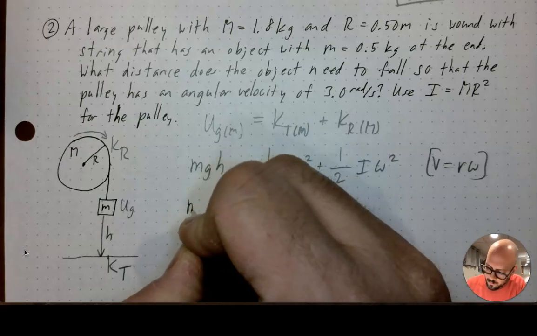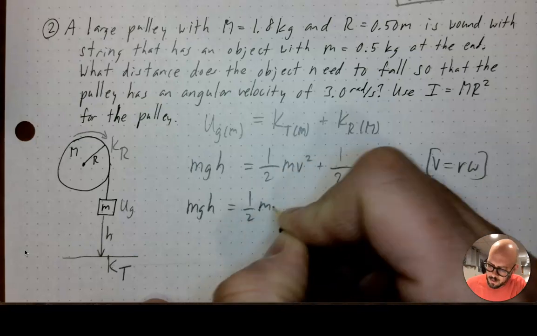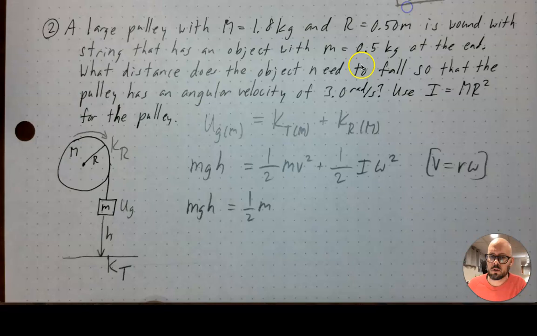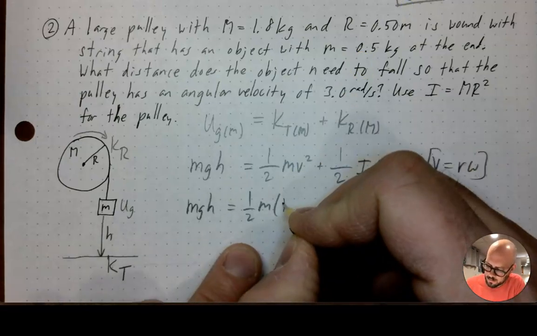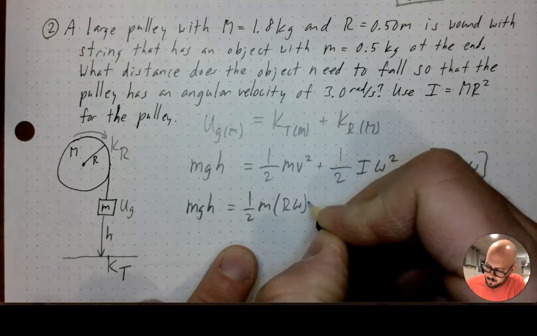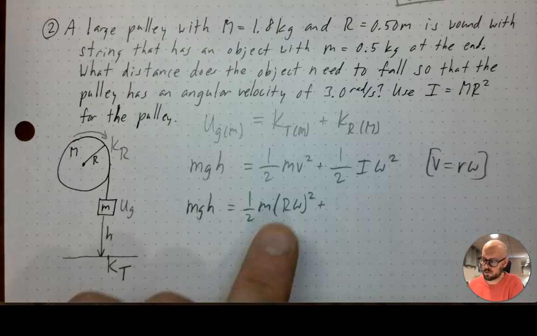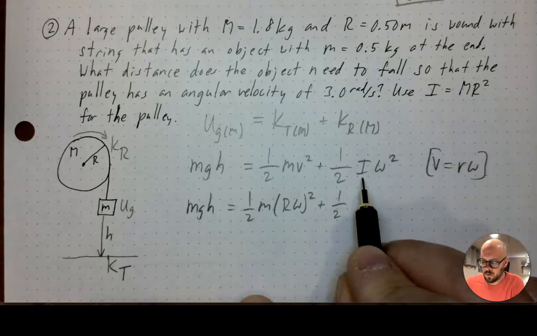I'll rewrite that one more time: mg times h equals 1/2 m, and the conversion I'm going to do is linear velocity becomes (rω) squared. Make sure that you square both the r and the omega, because that was what you did to linear velocity before, and that equals 1/2 Iω squared.